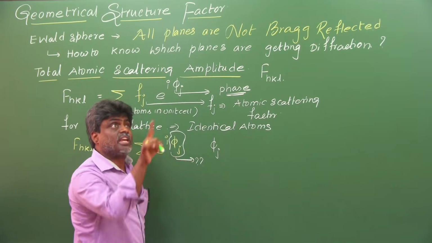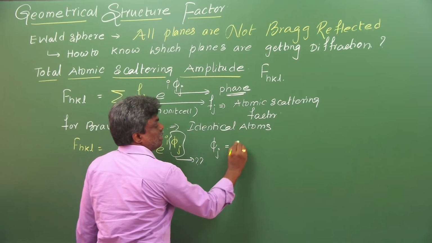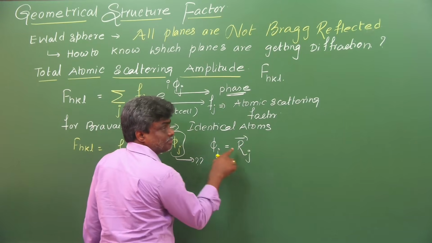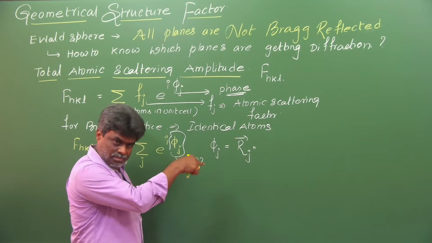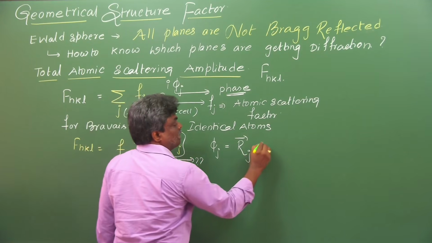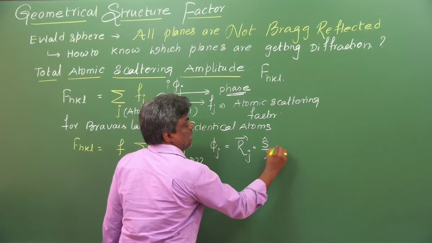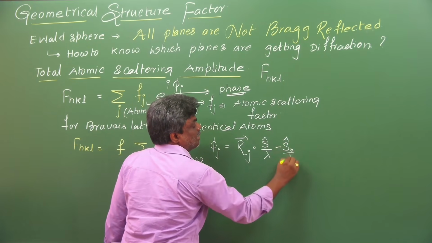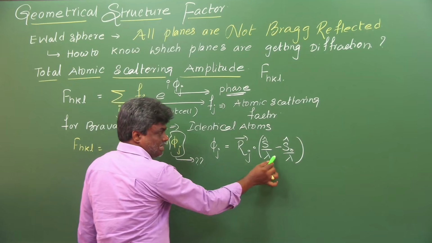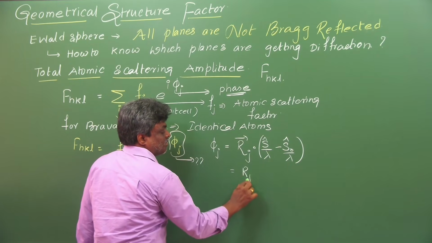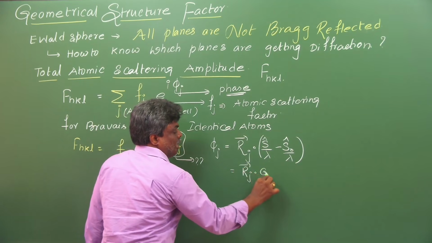The phase of the jth atom is defined as Rj bar, the position vector of that jth atom, dot S cap by lambda minus S naught cap by lambda. I think everybody knows this is the reciprocal lattice vector, Rj bar dot G bar.